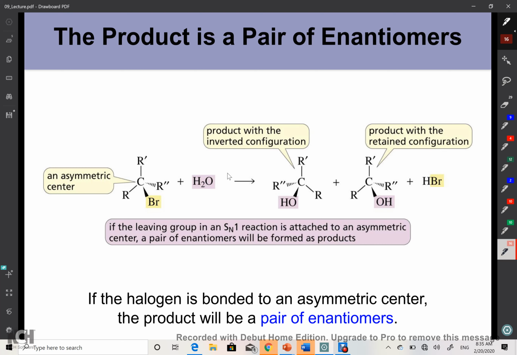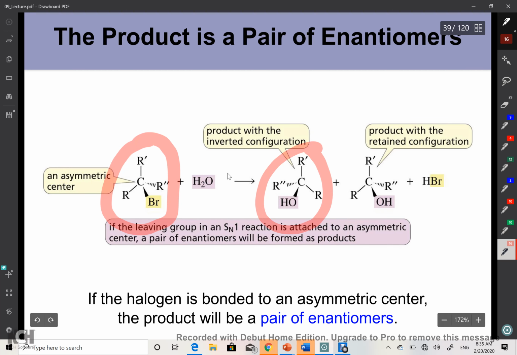If you have a tertiary alkyl halide, like what we have over here, and it undergoes an SN1, you will form 2 products. One will most likely be the R, and the other will most likely be the S. You form those 2 products. That's what we refer to as the racemic mixture.